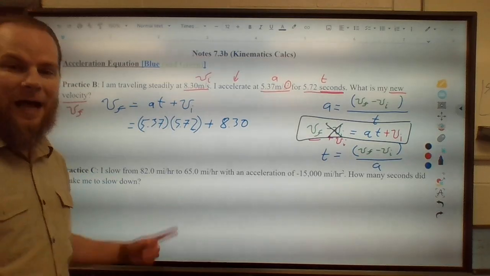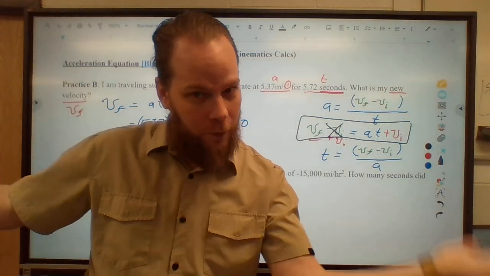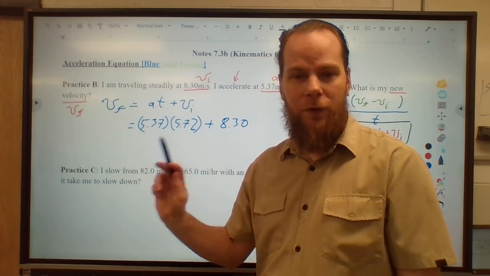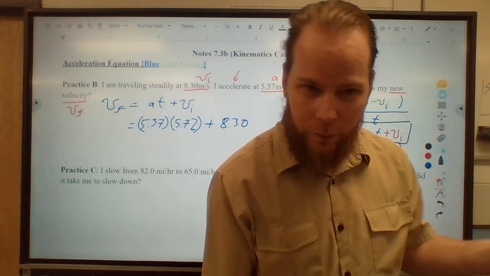Now, you have to multiply before you add. Order of operations, PEMDAS, if that makes you feel better. Okay, we need to multiply these two numbers. I don't have a calculator in my hand, so I'm going to go get a calculator, and I'll unpause this when I get back.